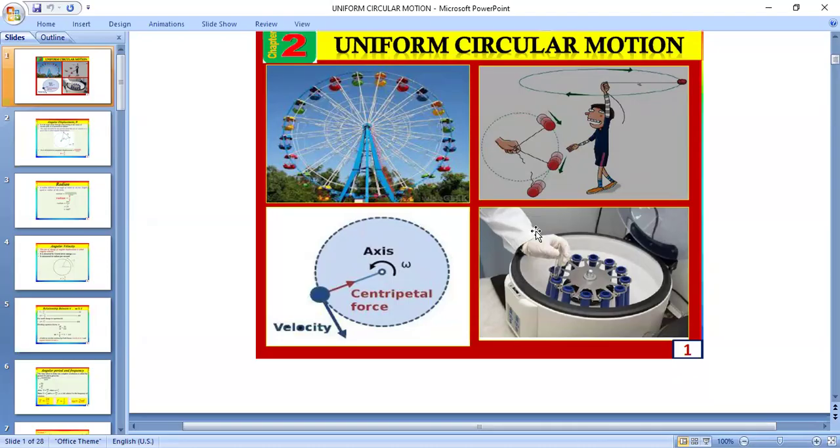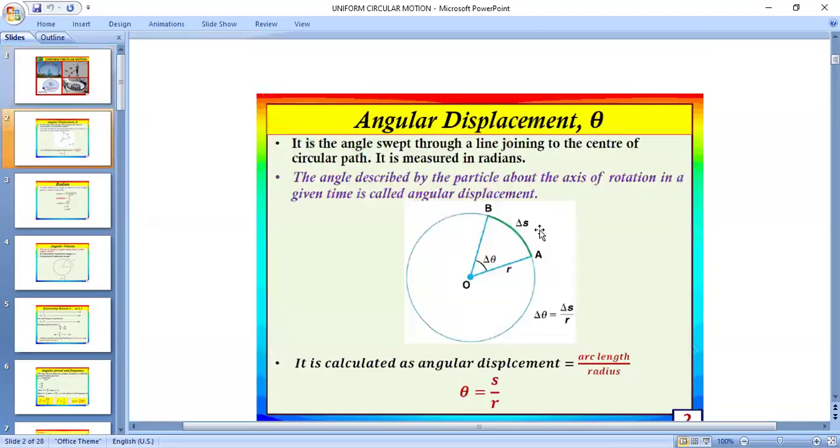So you have some terms that are used. The first term is called angular displacement. Remember, we have linear displacement denoted by S in Form 3, and we have angular displacement denoted by theta in Form 4. So linear displacement, we said that it's actually length between 2 points in a particular direction.